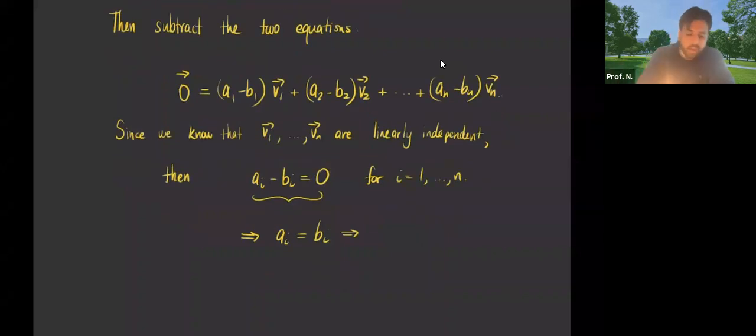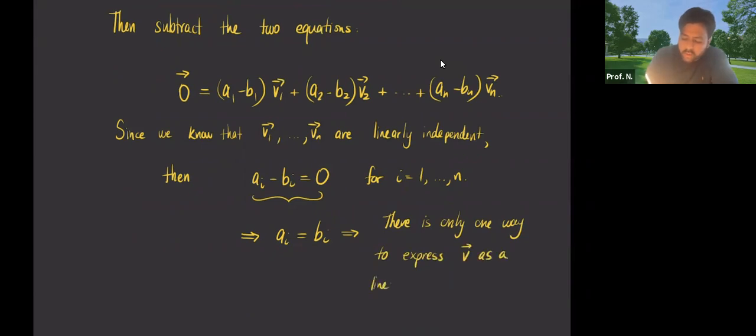So Ai equals Bi, this would mean that there is only one way, which is unique, to express V as a linear combination of V1 all the way through Vn. Does that make sense?